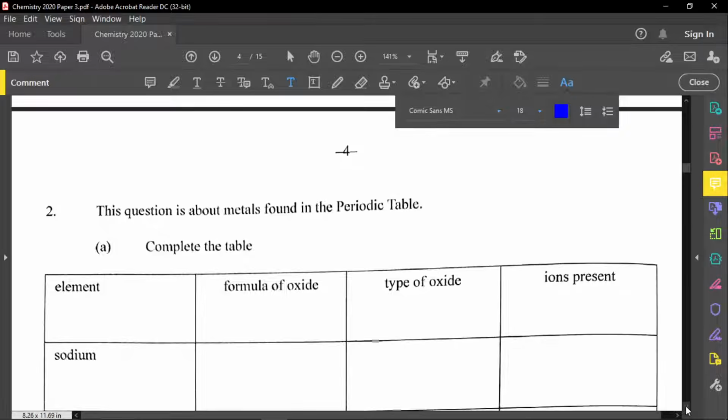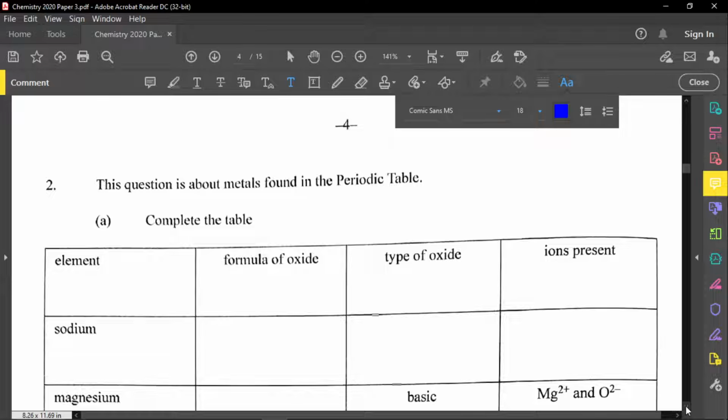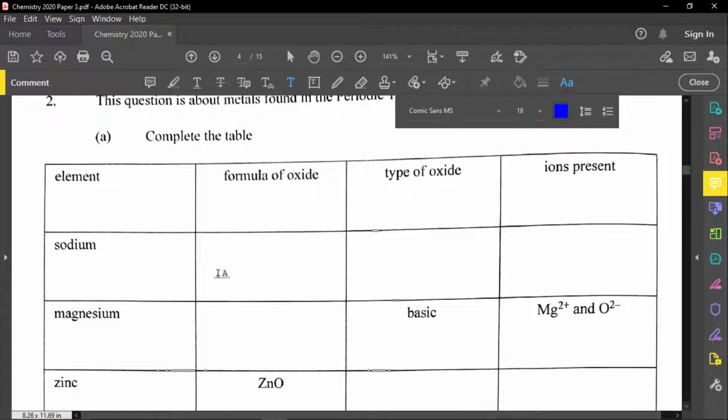Question number 2 says this question is about metals found in the periodic table. Here it asks us now to complete the table. If you look in the table, you see elements, then formula of oxide, type of oxide, and ions present. Here we're going to say sodium, and the formula for sodium oxide is going to be Na2O.